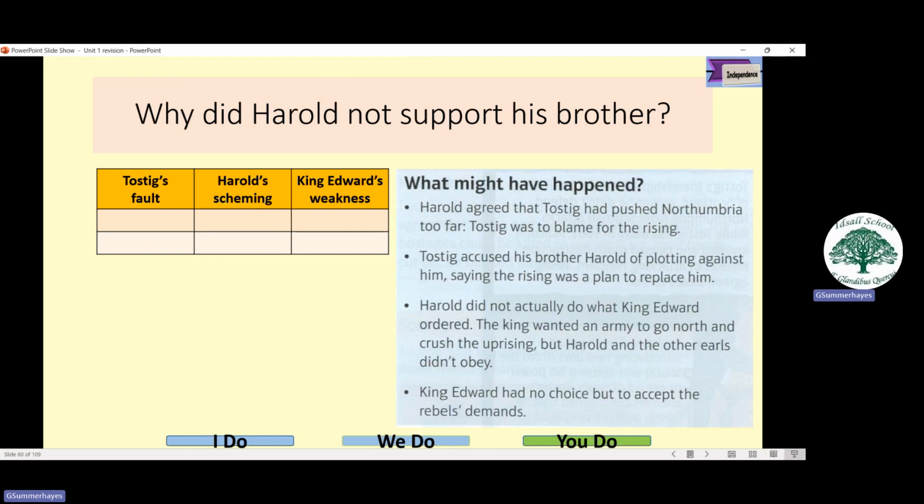Tostig obviously not happy, accused Harold of plotting against him, and said this rising was Harold's doing, not the Northumbrians'. And then, because Harold didn't do what Edward wanted, that was again a demonstration of his power. And because his strongest earl didn't do what he wanted, he couldn't do anything about it because he's not a particularly strong leader of a king.